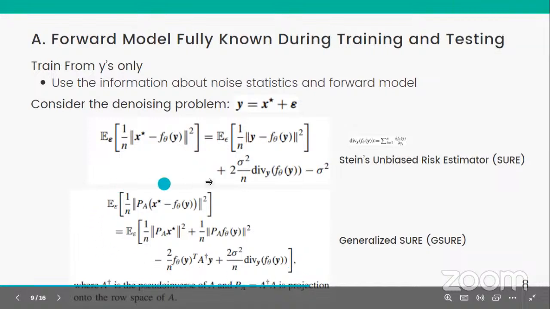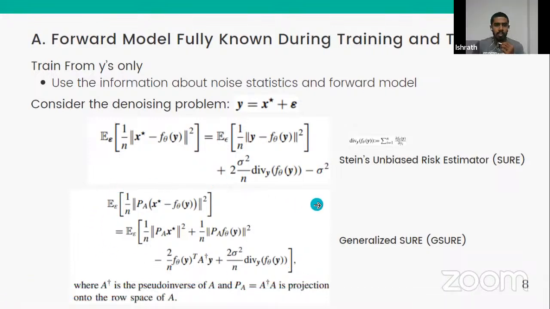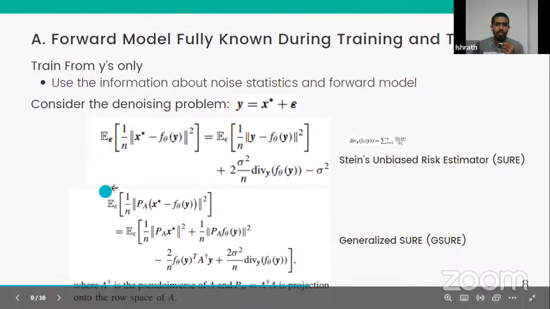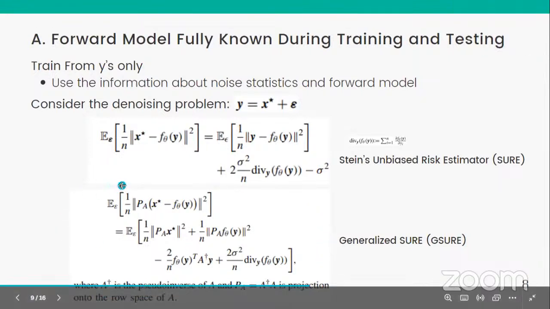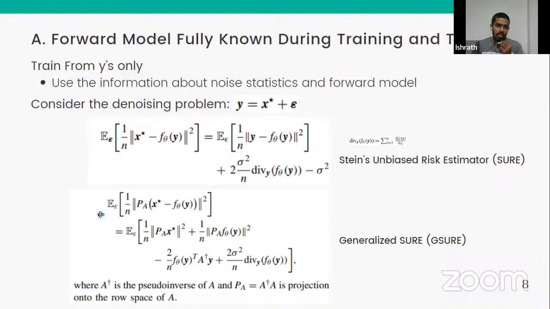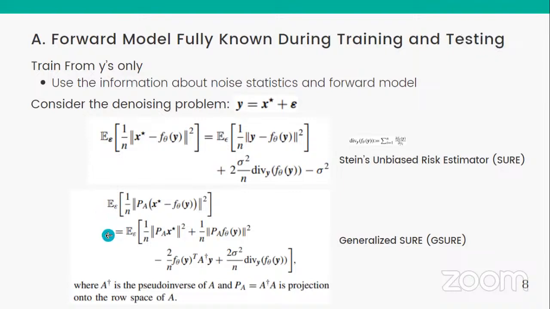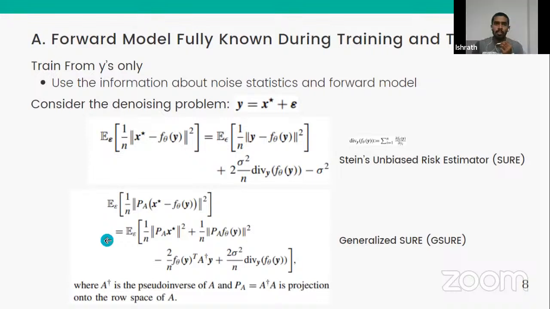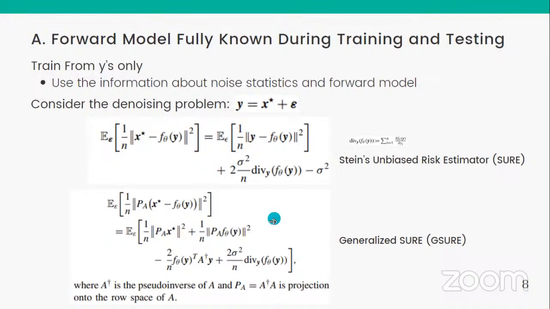But if it is a very complex forward process, then this is not possible. So if A is nonlinear, it is not. But still you need to know A. Even if it is linear, you need to know A. Without the knowledge of A, it is not possible.